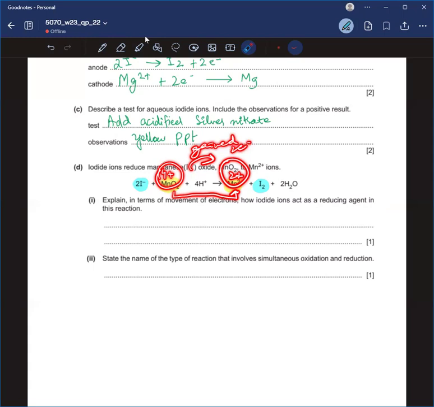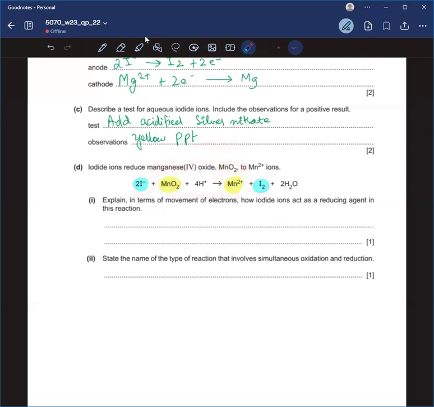As given in the question, it has gained these electrons from iodide, due to which iodide became iodine, and manganese 4 plus became manganese 2 plus. Well, not manganese 4 plus because it's MnO2, but the oxidation state is 4 plus. Now it has become 2 plus.